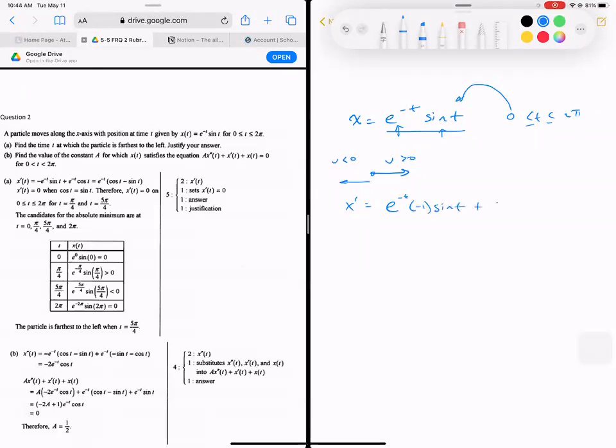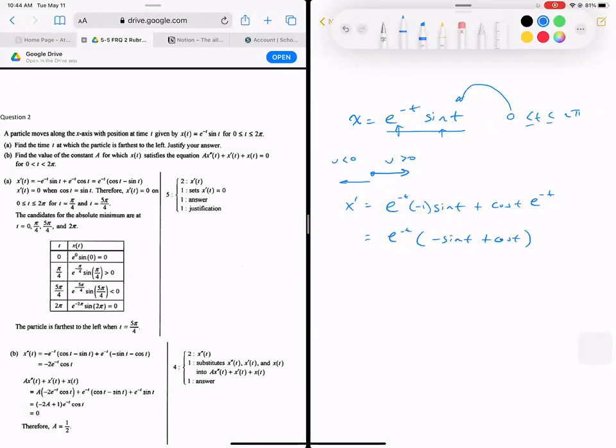Plus derivative of the back is cosine t, leave the front alone. And if we want, we can simplify that. We can say it's e to the negative t times negative sine of t plus cosine of t.